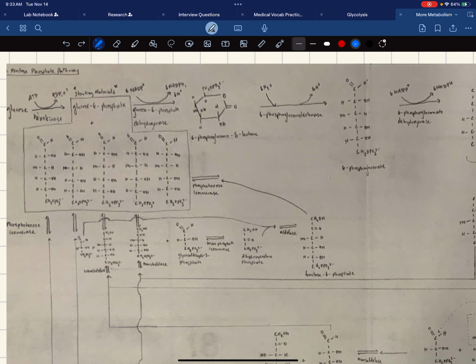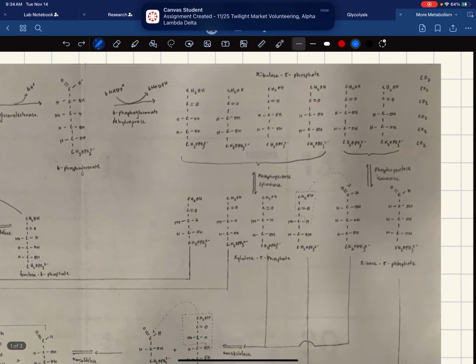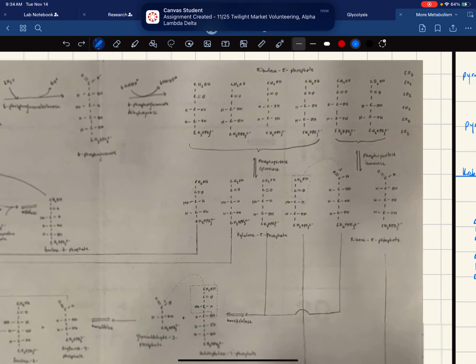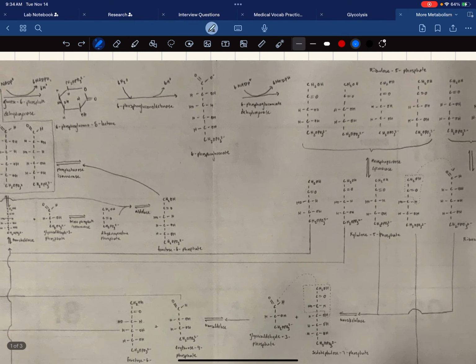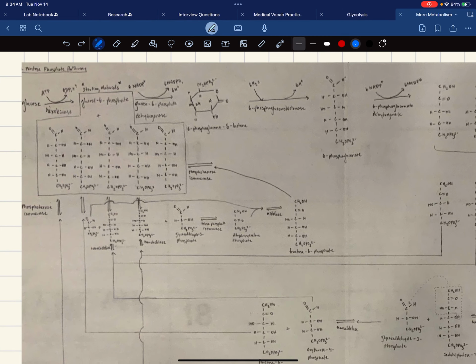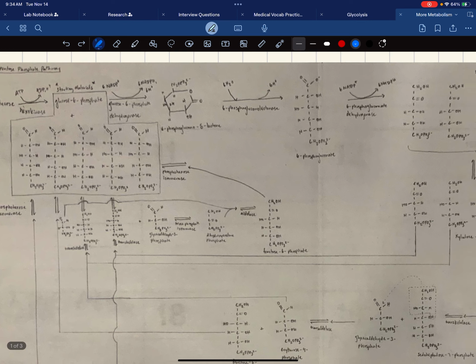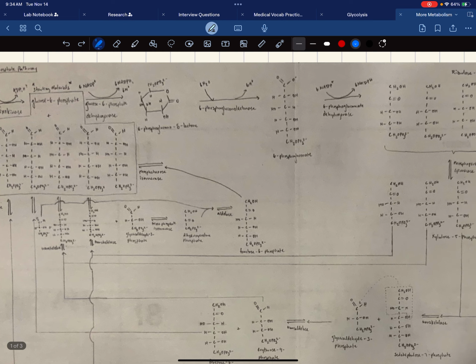The immediate application is producing these ribose 5-phosphates over here, so that you can do nucleotide synthesis. There are a lot of other applications as well, but that's the main one that comes to mind all the time. Once you have these five glucose 6-phosphates, you put them through these oxidative steps, where you're progressively oxidizing them.